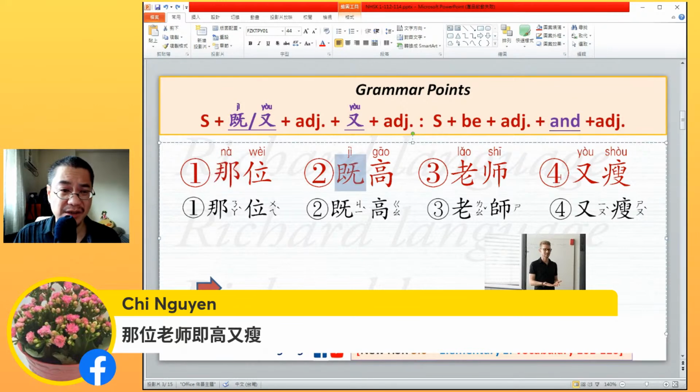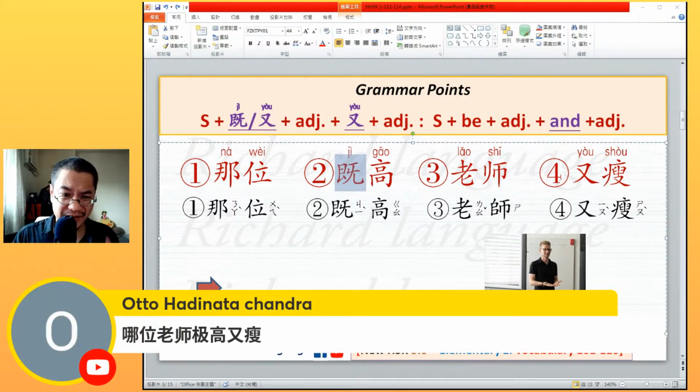Pay attention to the words because Chinese words are quite confusing. 那位老师既高又瘦. It's not 哪位. The first word is incorrect. It should be 那位, which means that. 哪位 means which.